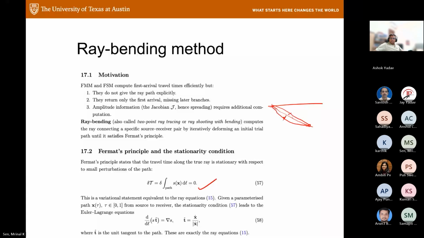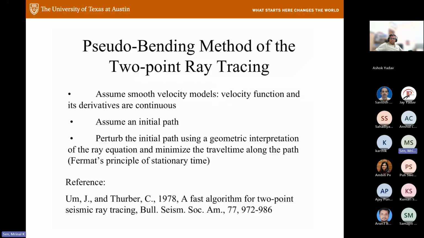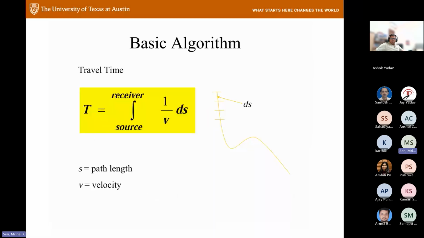So here we still assume smooth velocity models, and we assume an initial path, and we perturb the initial path using a geometrical interpretation of ray equations. This is our basic algorithm for ray tracing in general.